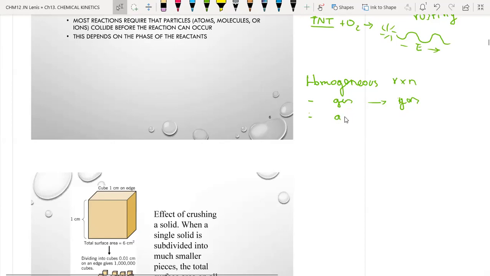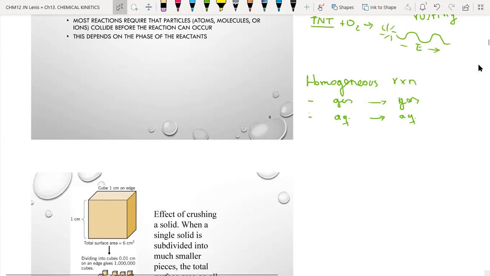The other situation for homogeneous reaction is when you have aqueous, the most common. You have a reaction running in an aqueous environment, in water. Those reactions go relatively fast. They can run faster because there is direct molecular contact.